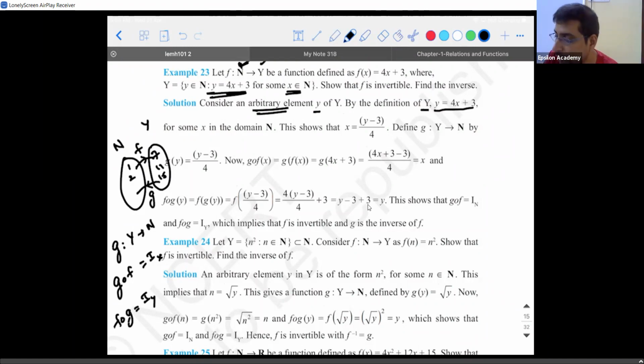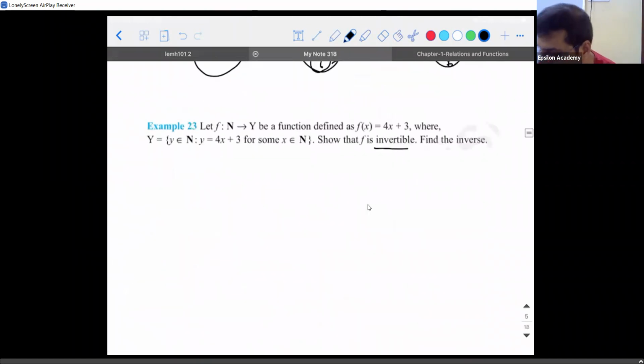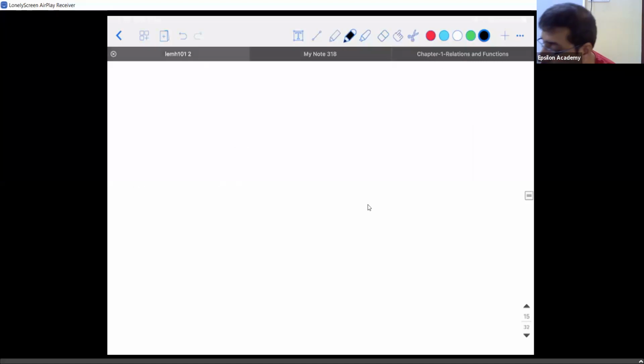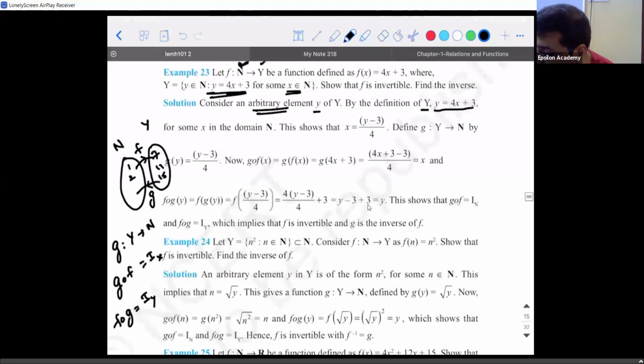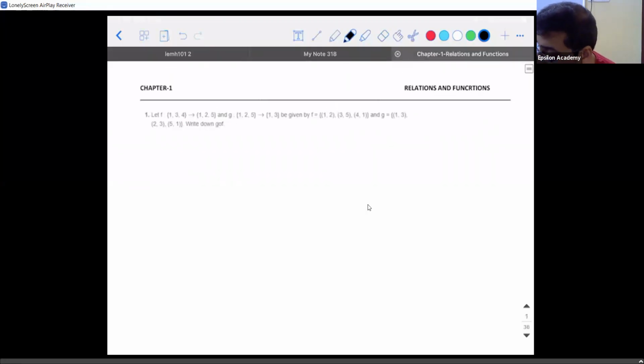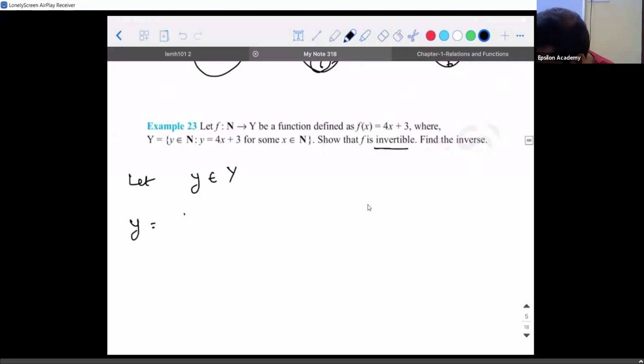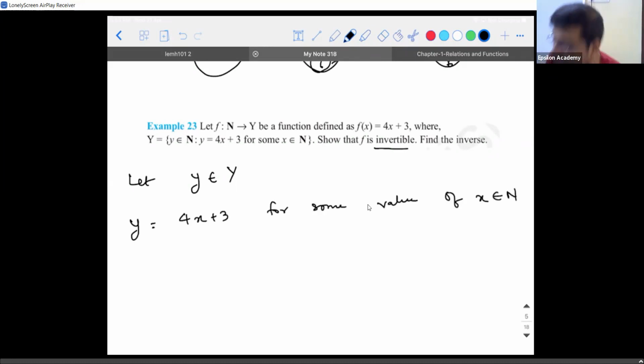So the steps: let y be an element that belongs to the set capital Y. Then y is equal to 4x plus 3 for some value of x that belongs to the natural numbers.